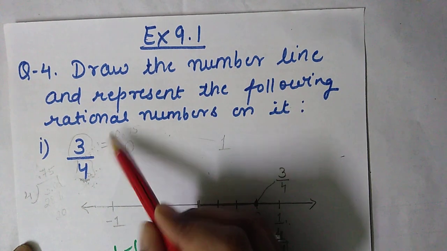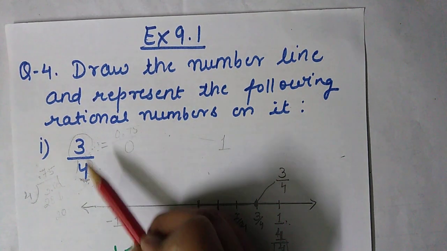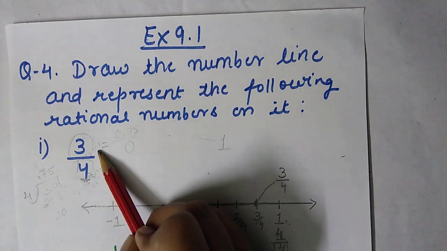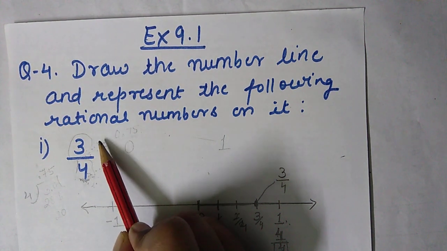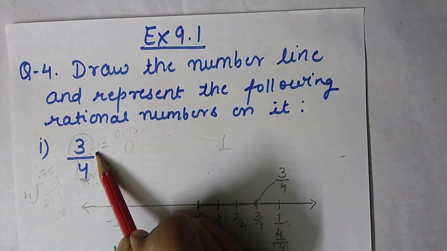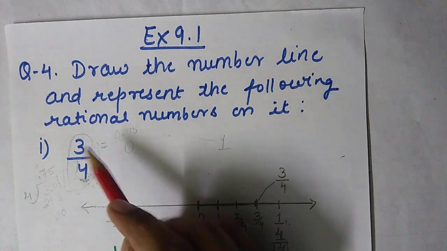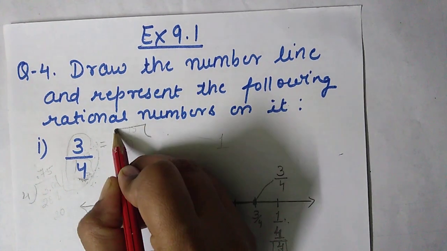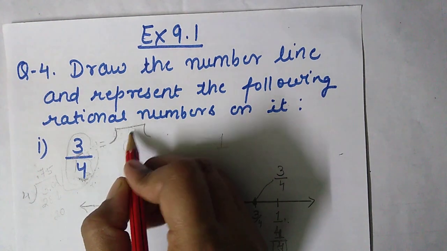Suppose we are given a rational number 3 by 4, and we have to represent this on a number line. For that, first you must know between which two integers this rational number lies. So I will divide this rational number. The numerator is always your dividend.